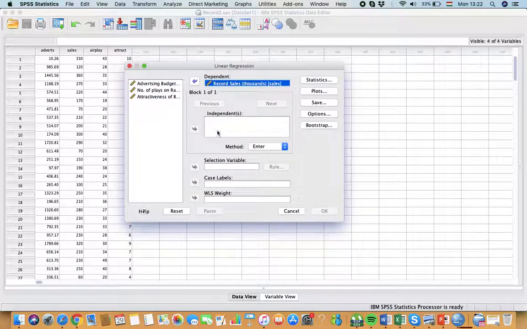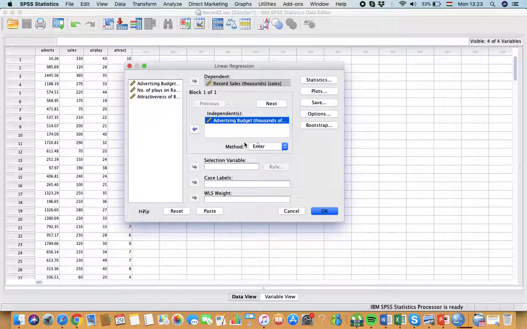And then here, we have previous knowledge about one of the variables, which is advertising budget, which predicted record sales by 33%. This comes from past research. We have theoretical background for it, so we enter this first into the model.